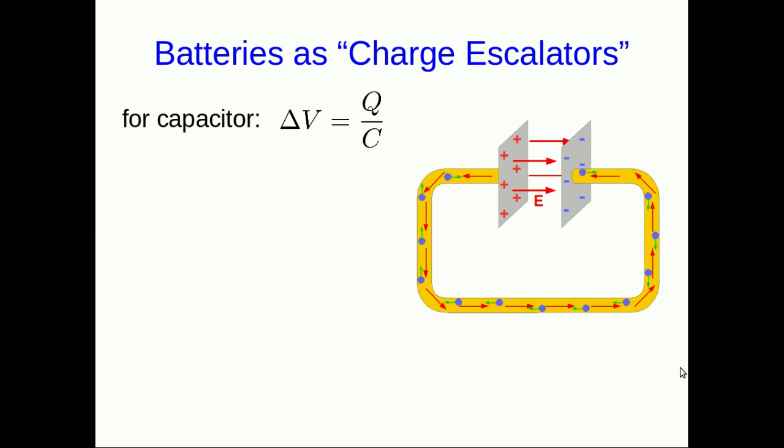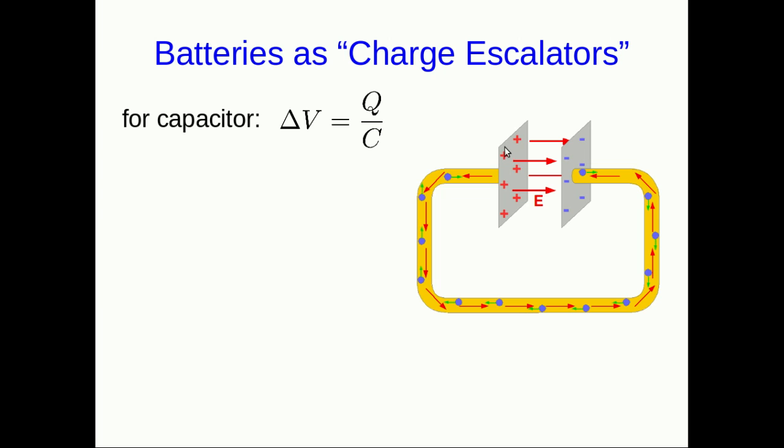But for various reasons, it's time to leave behind looking at capacitors as the primary things that we think about pushing charge through wires. Remember that for a capacitor, the voltage across it is proportional to the charge on the plates.